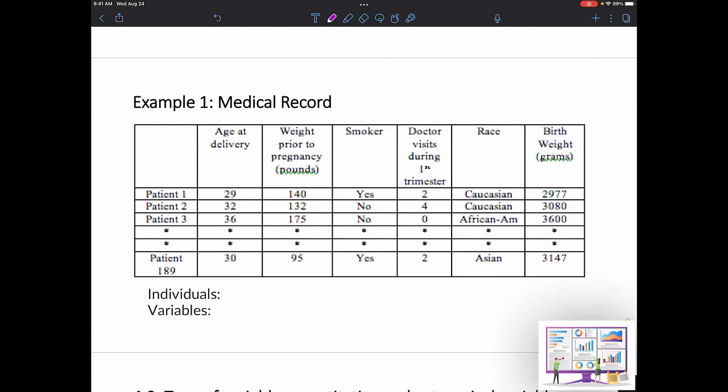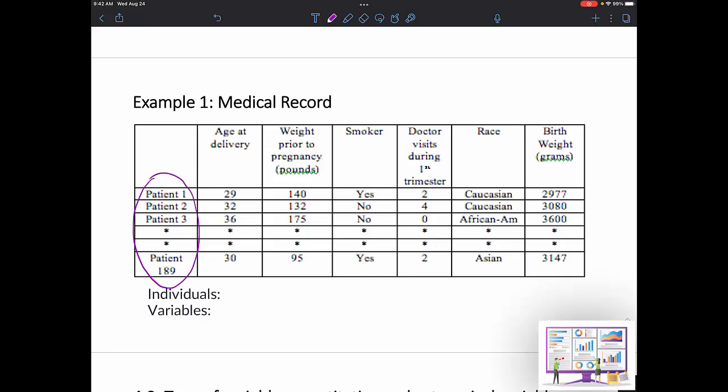Ooh, I know, we have a lot of students who want to be a nurse or who want to work in the health field in the future. So this is a real data set. As a nurse, as a doctor, I need to understand what this table means, right? So let's take a look at it. What's going on here? It looks like your health data indicate that we have patients 1 through 189.